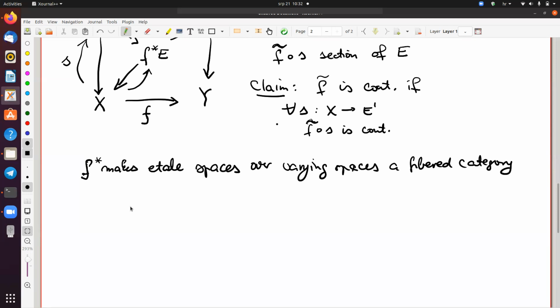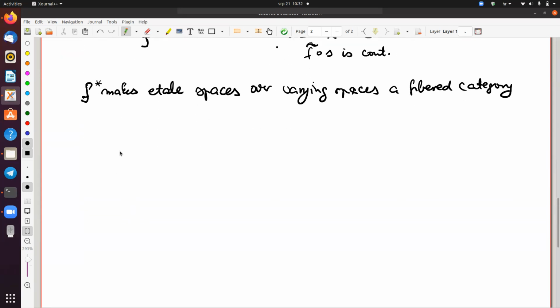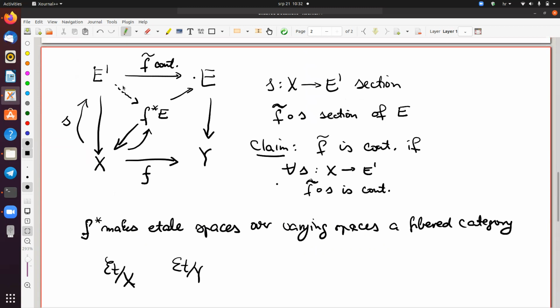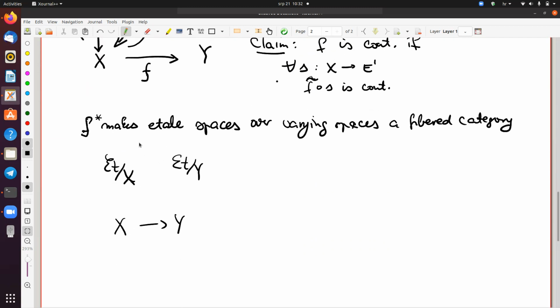What this means, you see: if I have various spaces X and Y, remember, over every X I have all possible étale spaces over Y, and here I have all possible étale spaces over X. And then you can consider these morphisms of étale spaces over different X and Y. These are simply these commutative squares. So we have one big category of étale spaces.